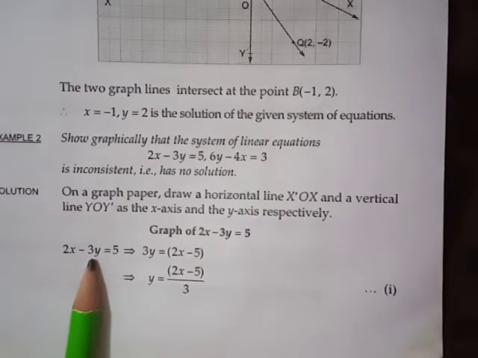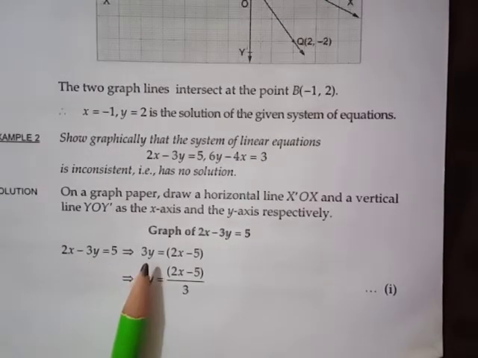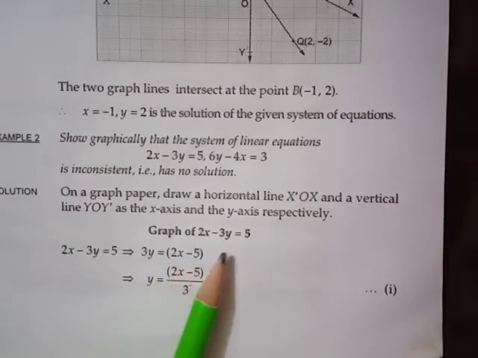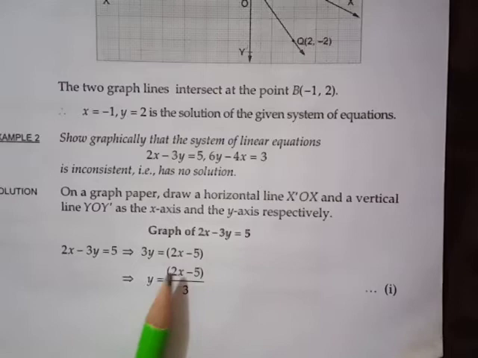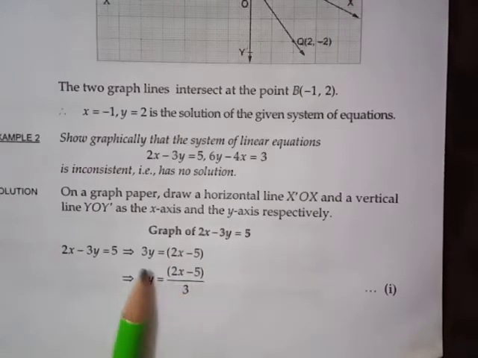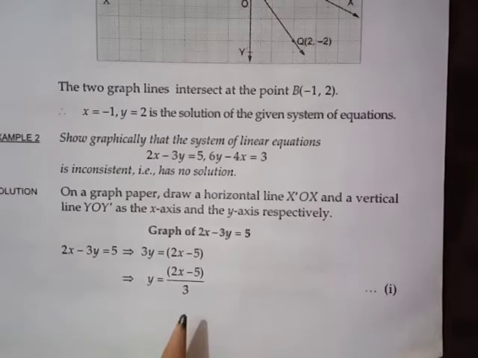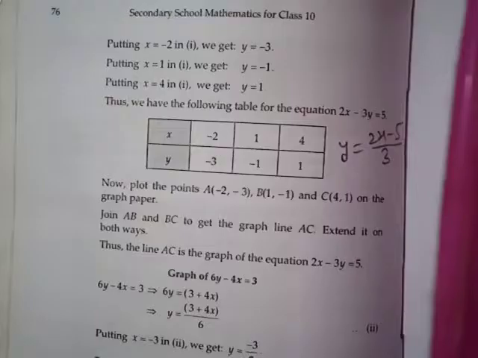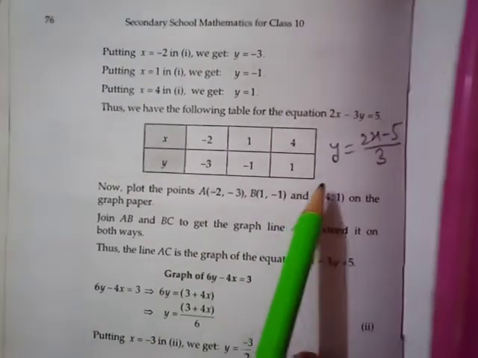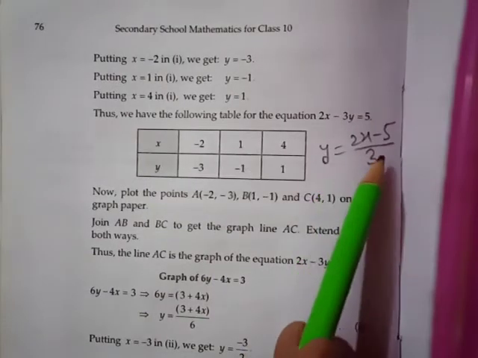The 3 will go to the other side, so y equal to 2x minus 5 upon 3. Now we got y equal to 2x minus 5 upon 3.